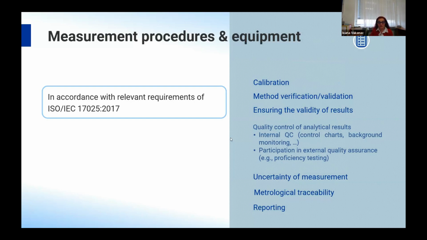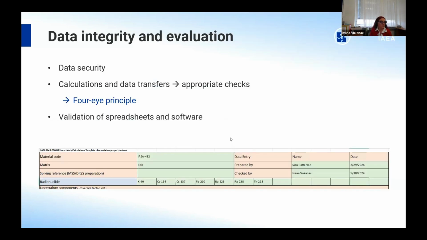The provisions of these standards were mentioned before, and I will not go into details here. Next, subclause 7.8 is about data integrity and evaluation. To meet this requirement, security of the data shall be guaranteed. Then calculations and data transfer need to be checked.